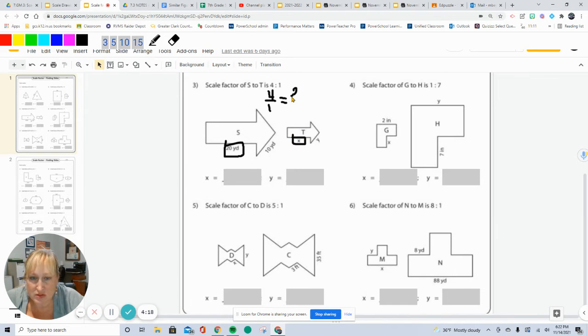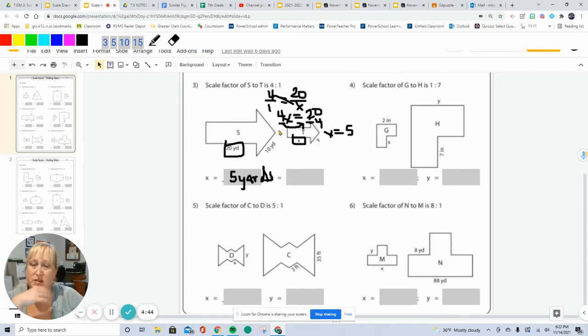So the 20 goes on top, the x goes on the bottom. I'm going to cross multiply. 4x equals 20 times 1, which is 20. I'm going to move this 4 by dividing by 4. x will then equal 20 divided by 4, which is 5. And we need to make sure that we have 5 yards.